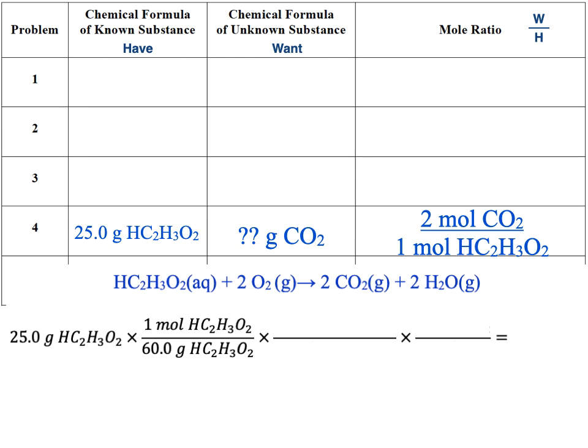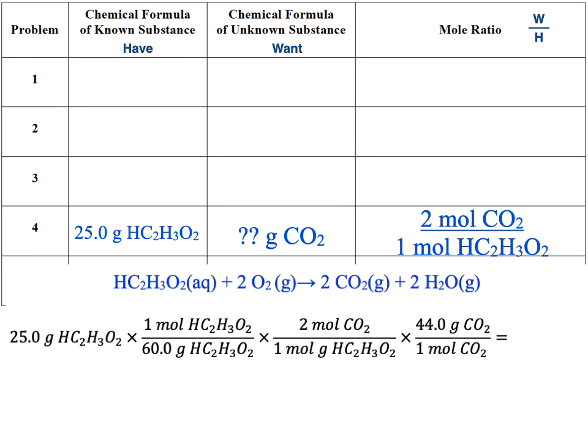I'm now going to use my mole ratio, 1 mole of acetic acid on the bottom to cancel the previous moles, and 2 moles of carbon dioxide to get to what we want. But I don't want moles, I want grams, so once again, I'm going to put 1 mole on the bottom of the last step and the molar mass on the top. And the molar mass for carbon dioxide is 44.0 grams.